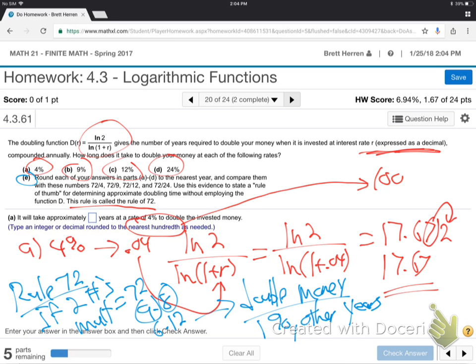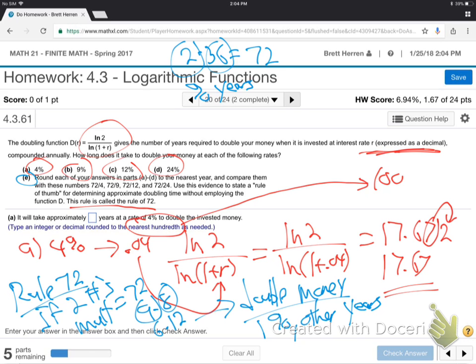Either way, 9 and 8. If 9 and 8 are your interest rate and your years, it's really close to doubling your money. Any 2 numbers that multiply to be 72, like 6 times 12, 9 times 8, 2 times 36, right? If one of those is the percentage and the other is the years, if you only had a 2% interest account, that's pretty low, but you invested for 36 years, you'd double your money.